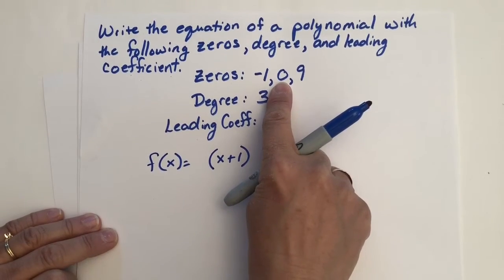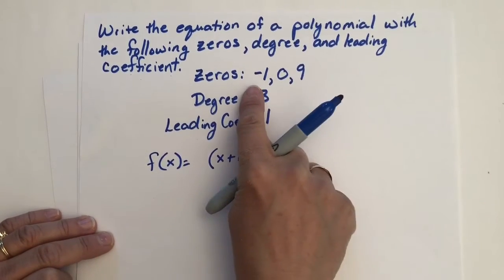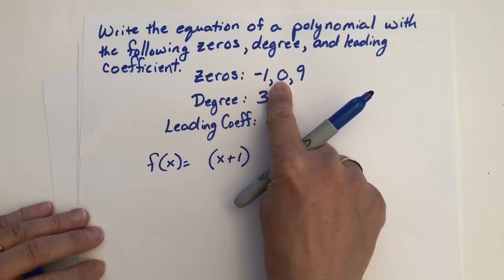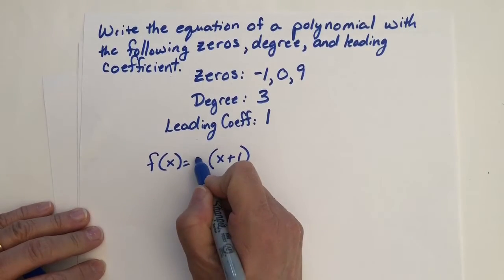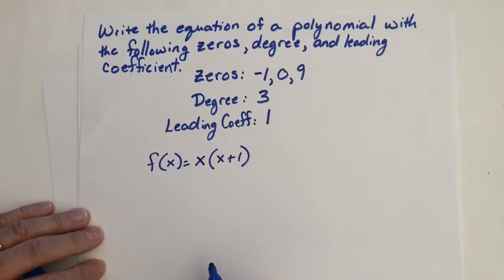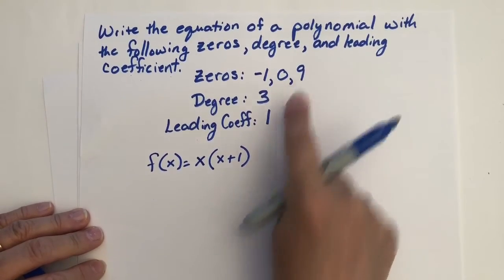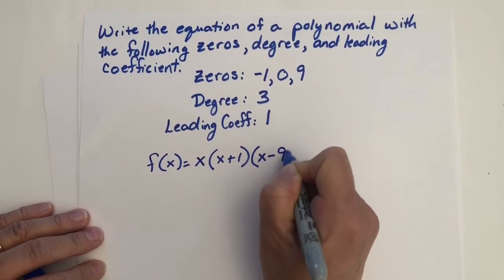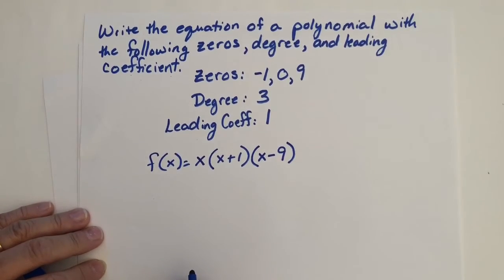If 0 is a 0, and remember, in place of the word 0, you can be thinking x-intercept, if 0 is an x-intercept, then x minus 0, or just x, needs to be a factor of our polynomial. And finally, if 9 is a 0, we know x minus 9 would be a factor.